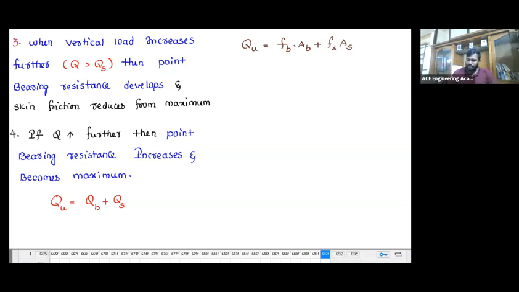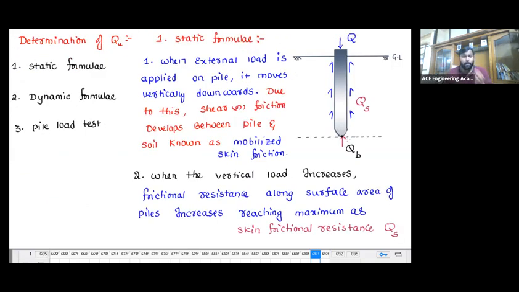What is this FB, sir? This FB is nothing but the bearing capacity of the soil at the pile tip. I was telling you what QB is: it's the point bearing resistance from the soil at the pile tip.